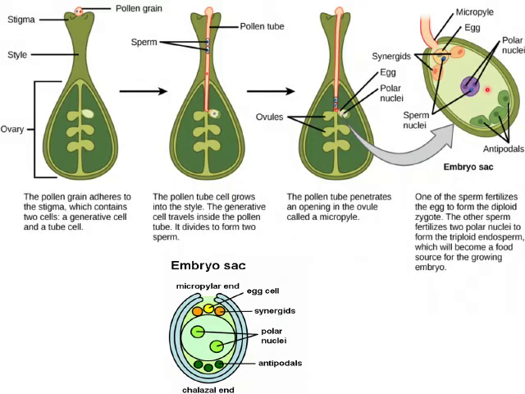So the zygote is going to develop at the cost of the food stored inside the endosperm of the seed, and a new plant is going to be formed. So this process of germination of the seed is going to take place and a new plant is going to be obtained. So this is what sexual reproduction in plants is, and let us go to the next slide for further details.